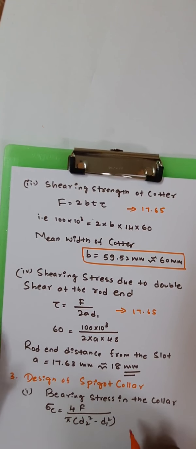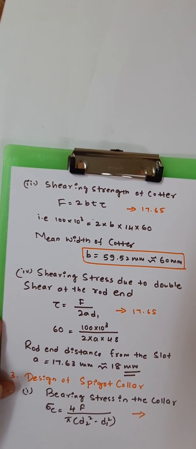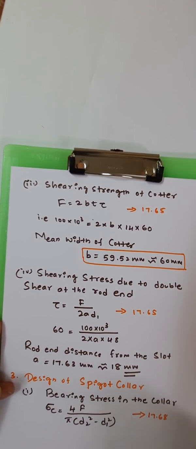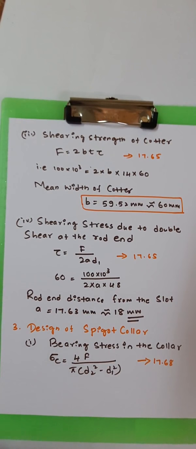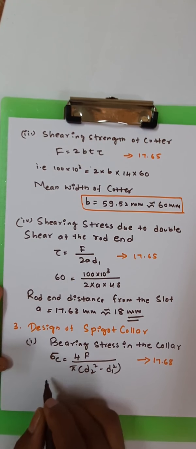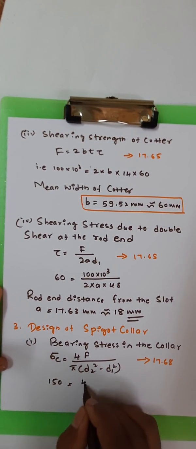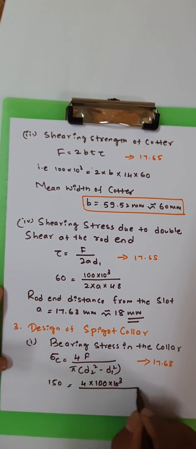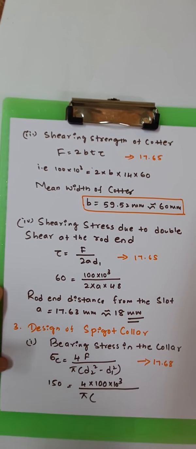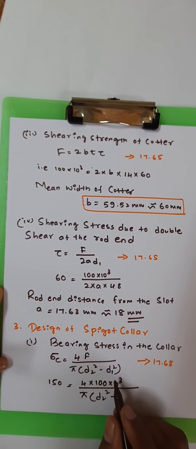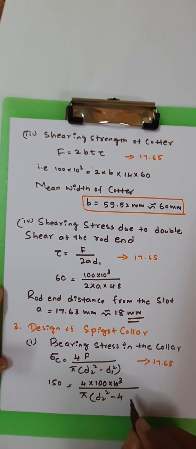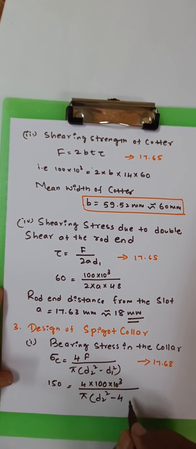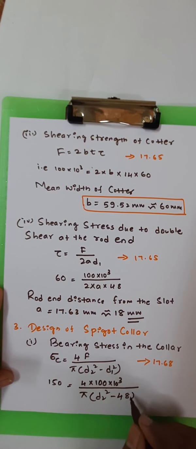This equation is available in the design data handbook, equation number 17.68. If we substitute the values, we know sigma c is 150, equal to 4 into 100 into 10 to the power 3 Newton, divided by pi into d2 square, the outer diameter which we don't know, minus d1 square, the diameter of the spigot, which is 48 square.